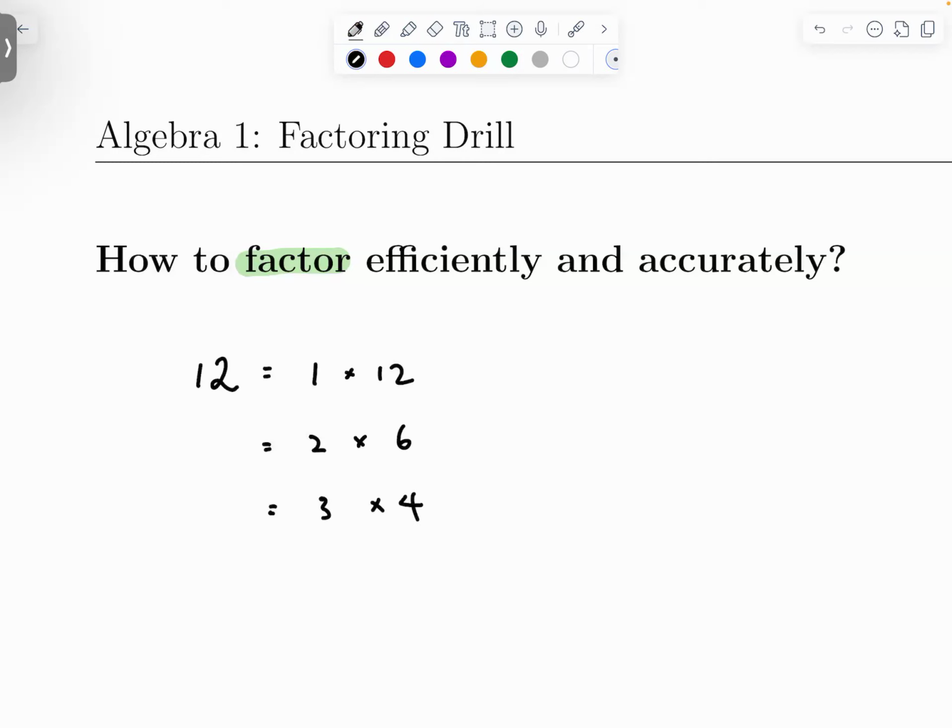So the very basic meaning of factoring is to find two or more things that multiply together to give you this item.